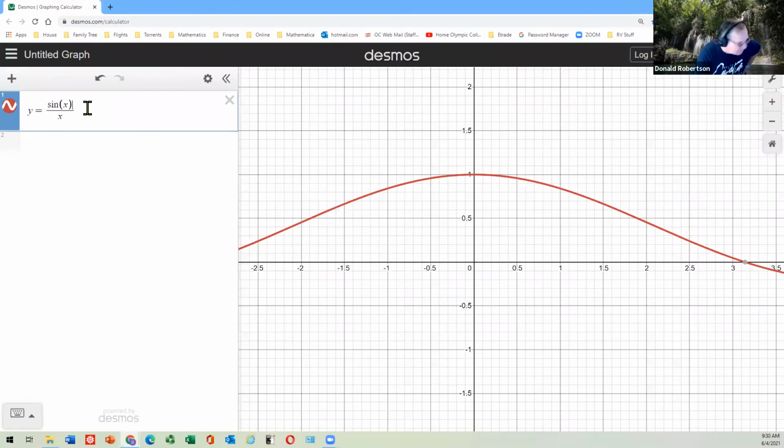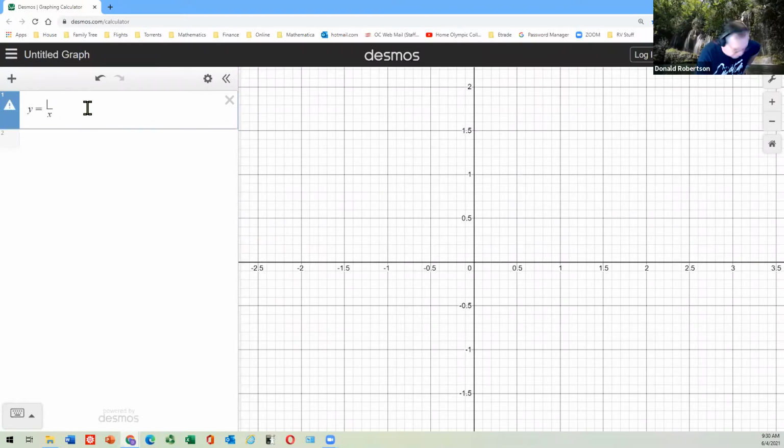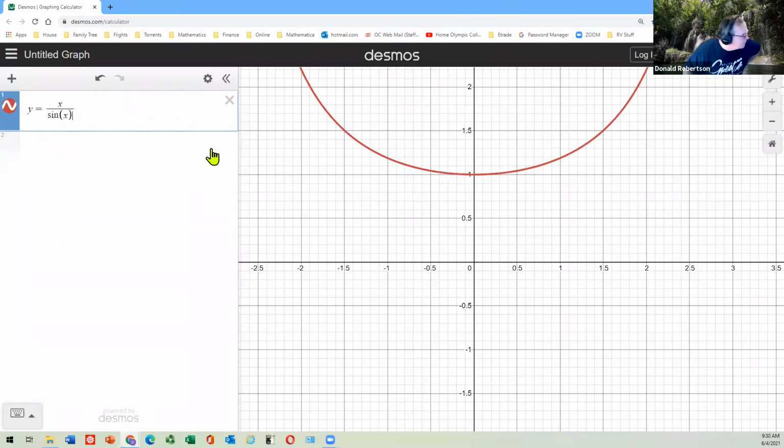Started doing something here. Wish I'd thought of this earlier. I just wanted to see what the reciprocal looked like. It's still 1, but it approaches in a different way. Can I go? Yeah, how about this guy?